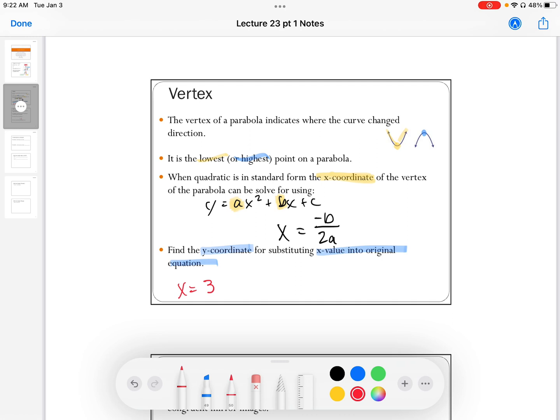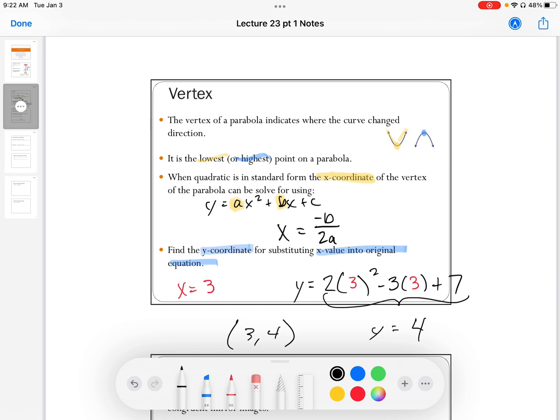Well, I would be plugging into the original equation, and I'm just making this equation up, a 3 for the x, and then you just simplify that down, and that would tell you that your y equals 4. That's not what that equals, but I'm just making that up. So my vertex would be (3, 4) then.